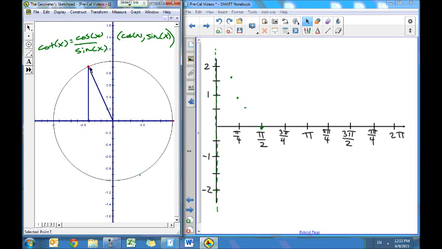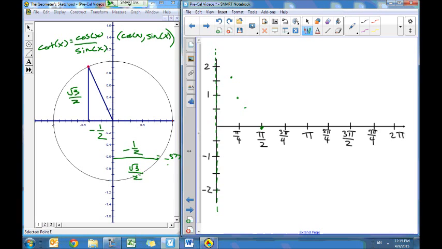Okay, I will just follow this around. At 2 pi over 3, this is a positive root 3 over 2 and a negative 1/2. So if I divide negative 1/2 divided by positive root 3 over 2, I get a negative 0.577. Negative 0.577 is about right there.